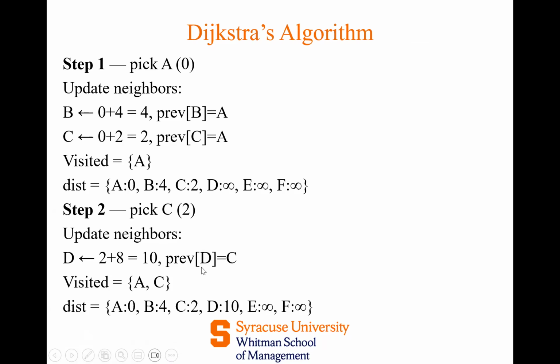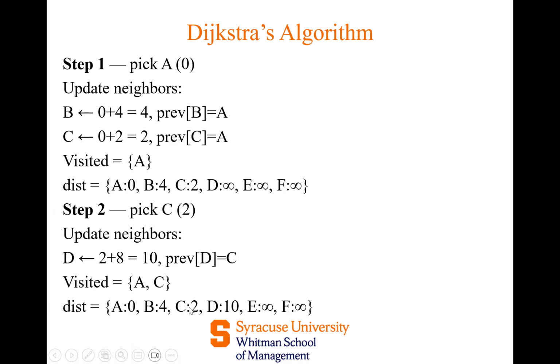And the previous node for D is C, because we get this number from C. In the previous step the visited node was only A. Now since we picked C, visited nodes are A and C. D was infinity, now it's 10. A was 0 and is permanent now. B is 4 and still 4, because nothing changed for B in step number 2.